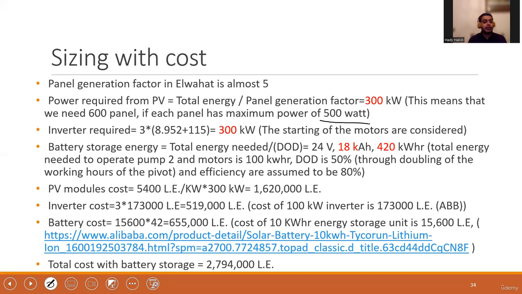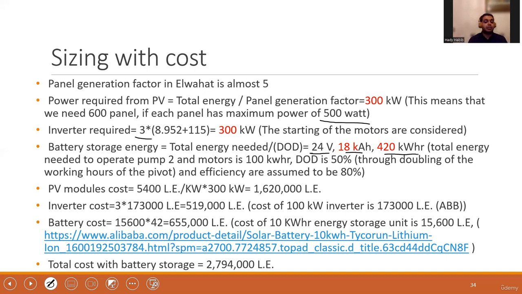The inverter required is 3 multiplied by 8.952 plus 115, which is 300 kilowatt. Here we considered the starting, so multiplied by 3, as mentioned in previous slides in the presentation. And for the battery, we need the energy divided by the DOD and the efficiency. So if we are going for 24 voltage, we need 18 kilo ampere hour, which is total 420 kilowatt hour.